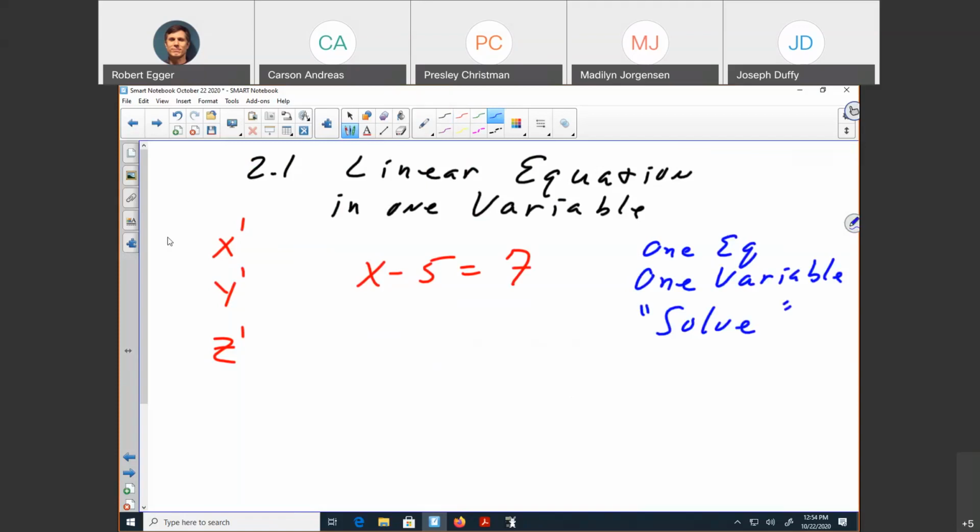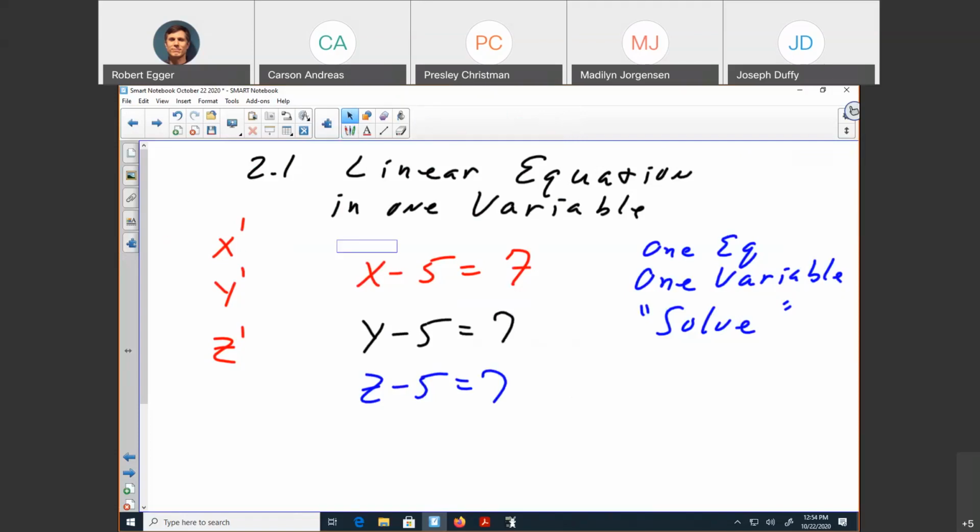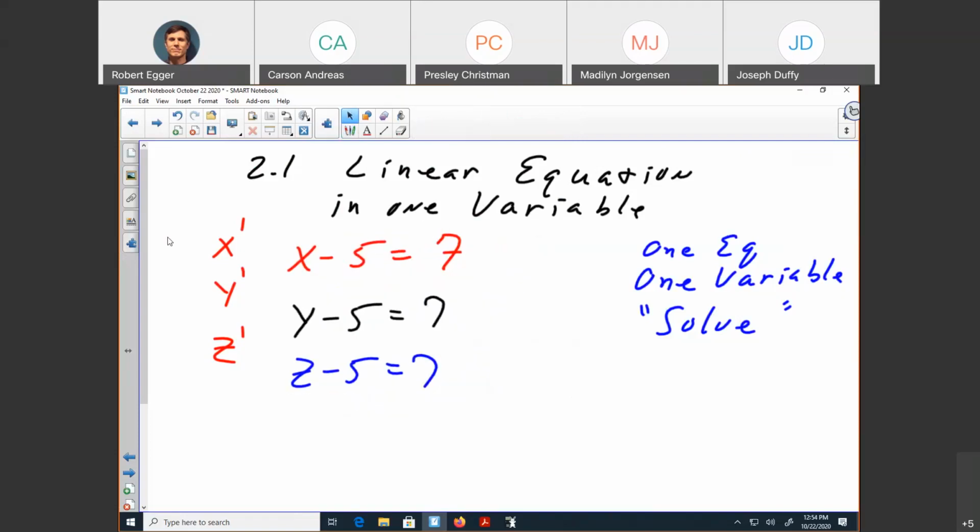If we have 2 variables, I need at least 2 independent equations. 3 variables, we need 3 equations. So if I have x minus 5 equals 7, or y minus 5 equals 7, or z minus 5 equals 7, I can work these to find what x will equal, what y will equal, what z will equal.